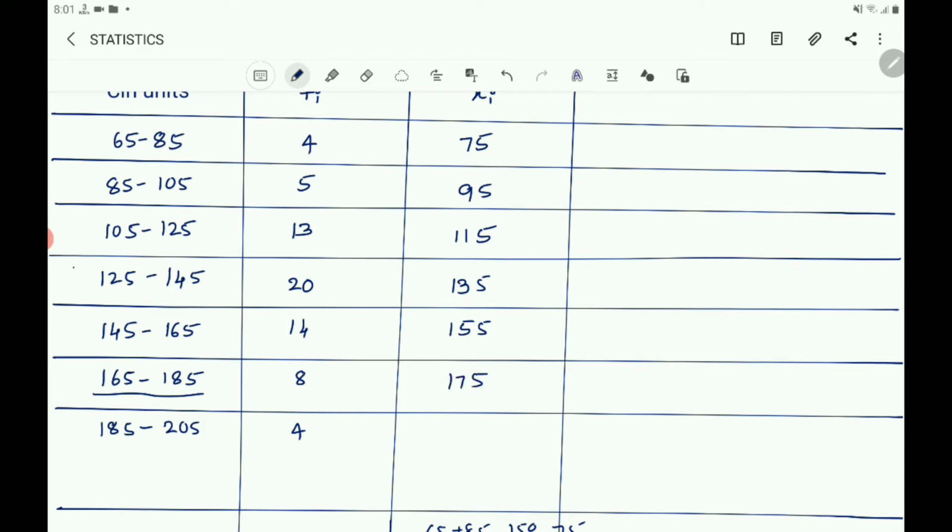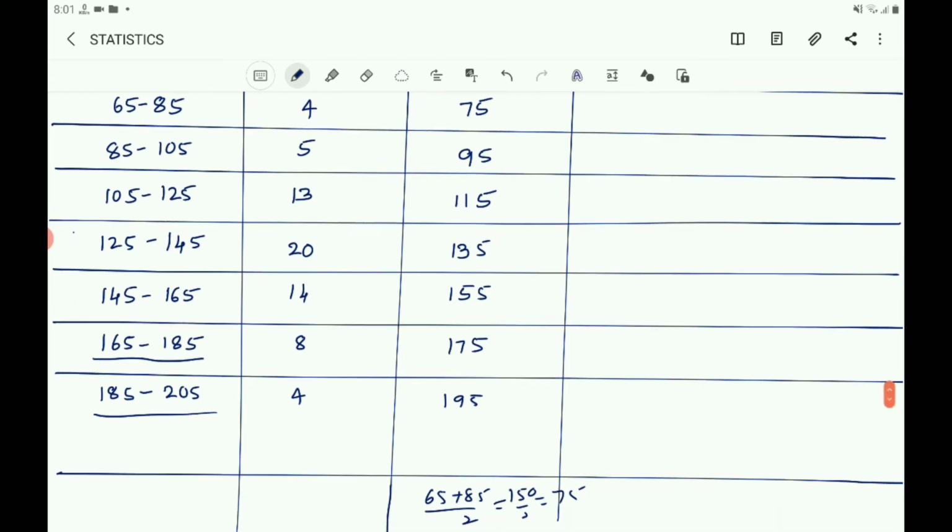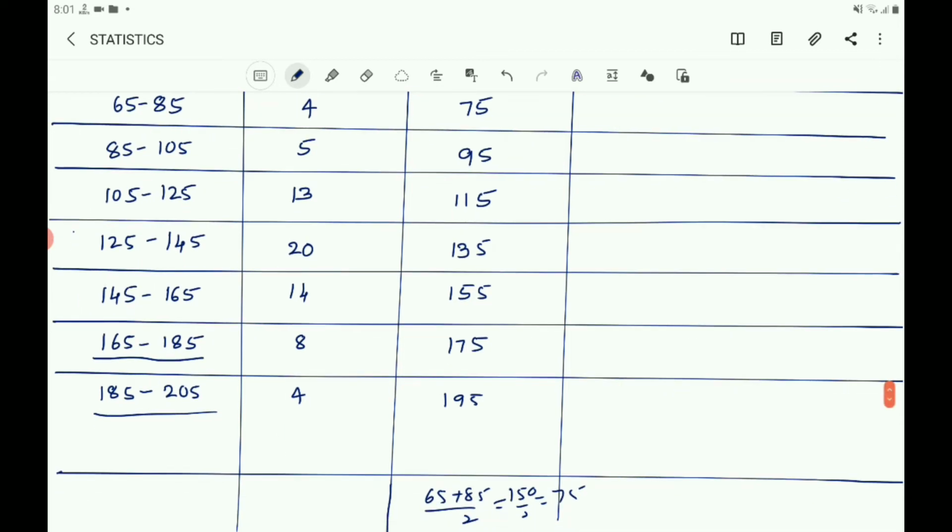That is nothing but 155 plus 20. Again, you add 20 to 175, you will get 195. Or you verify here: 185 plus 205 is 390, and 390 divided by 2 is 195.